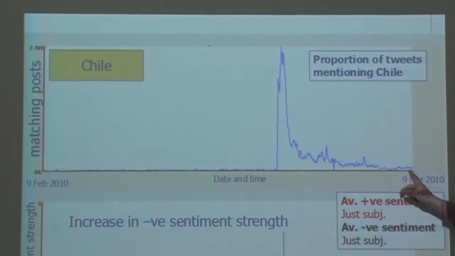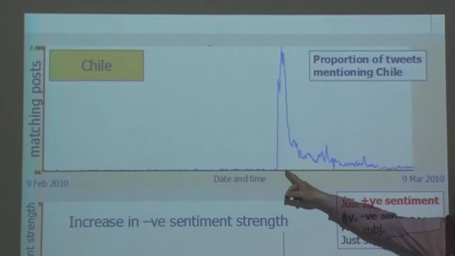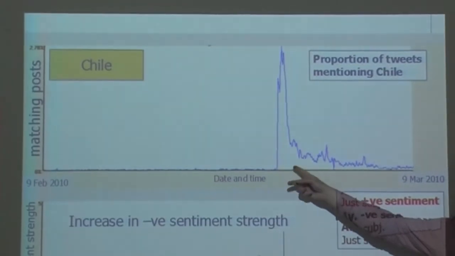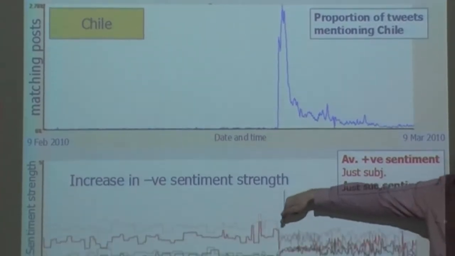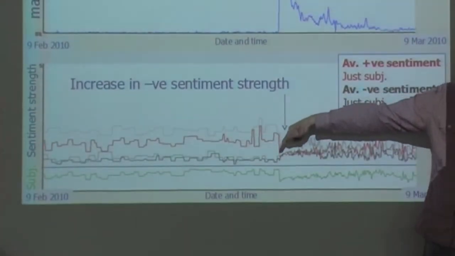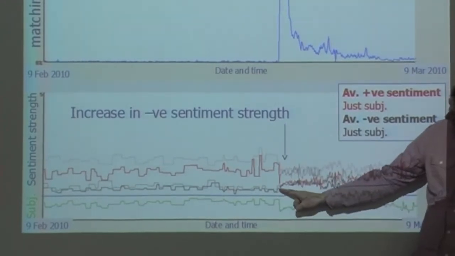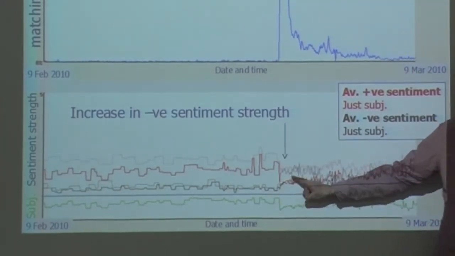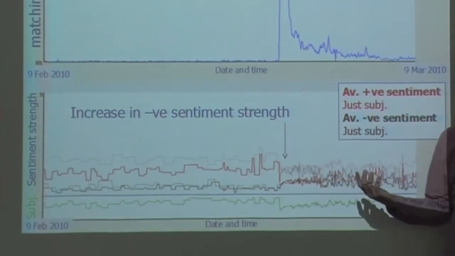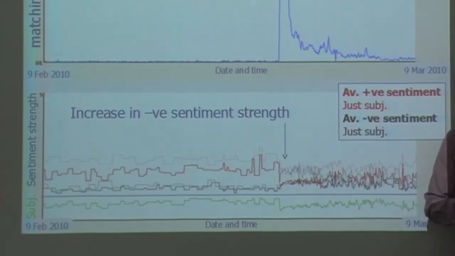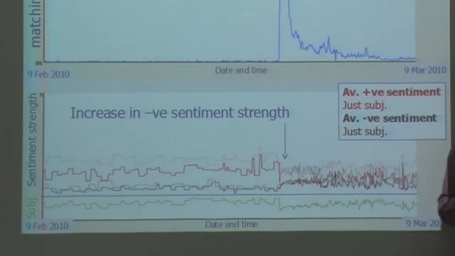You can see in the volume of tweeting, it's very clear that something massive happened in Chile at this particular time, and it was tweeted about enormous amounts. Here you can see a big decrease in positivity in tweets mentioning Chile, and a slight increase in negativity, the black line here. So when the Chile earthquake happened, the positive tweets about Chile almost stopped, and there was a slight increase in negativity in tweets about Chile.